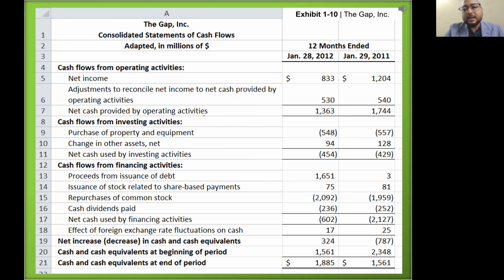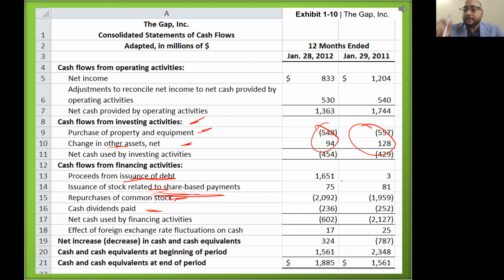Cash flow from investing activities. So you see, you purchase plant and property, you sell it, or whatsoever changes in the net assets, everything is going to be here. Long-term assets are going to be written here. Financing activities: issuance of debt, issuance of stocks, repurchase, and dividend.